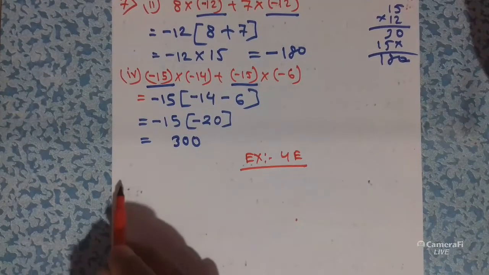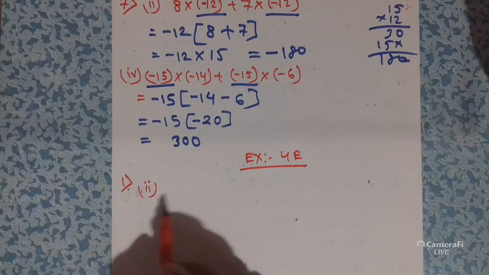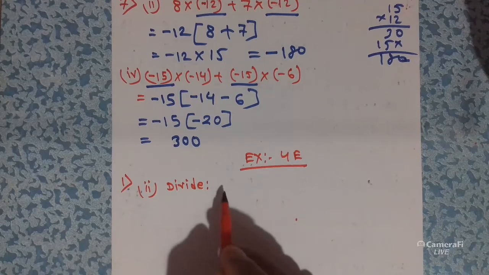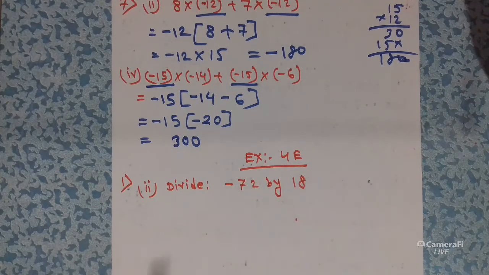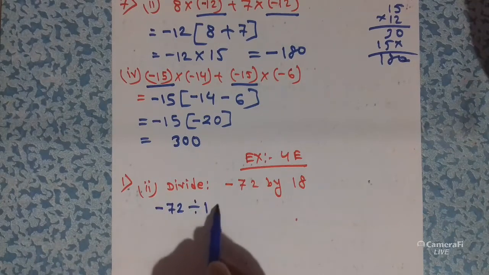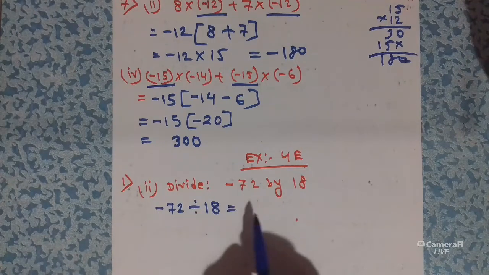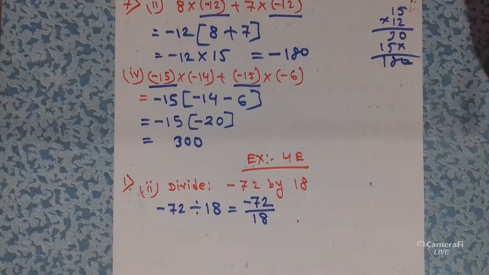So first problem is to divide minus 72 by 18. So here students, divide minus 72 by 18, that means we can write minus 72 divided by 18, or like this, 72 by 18.